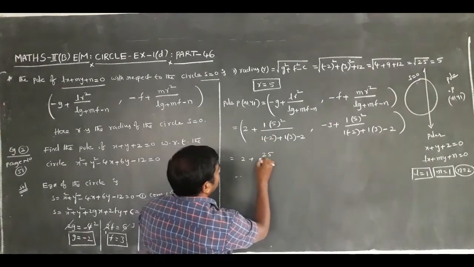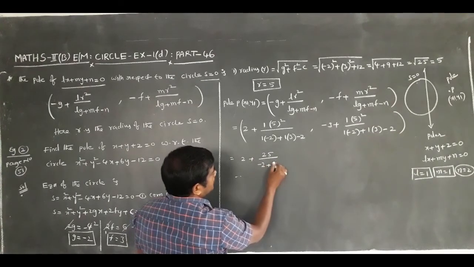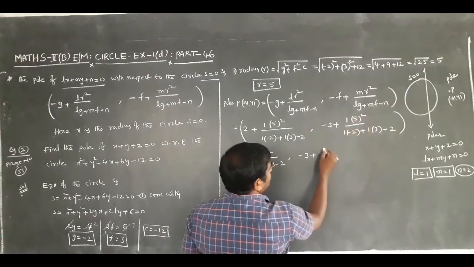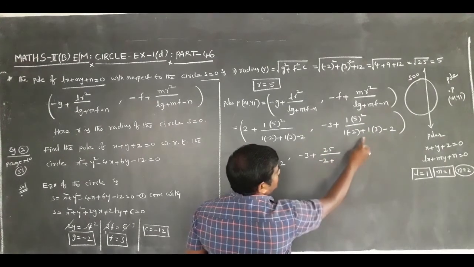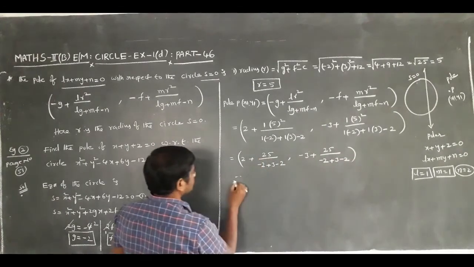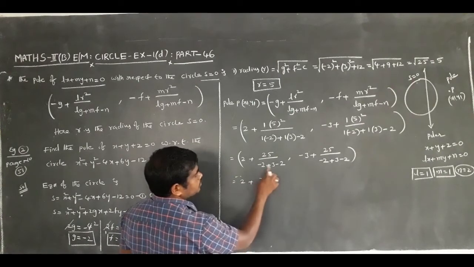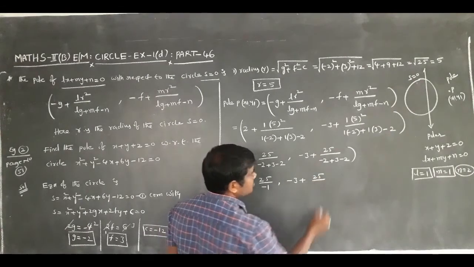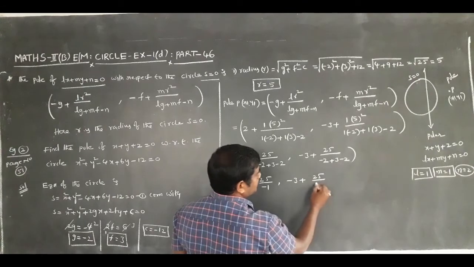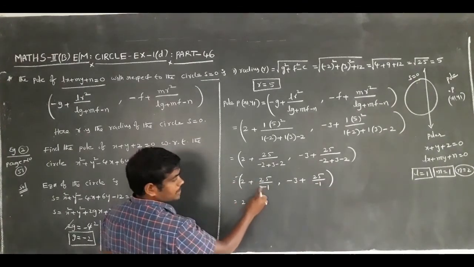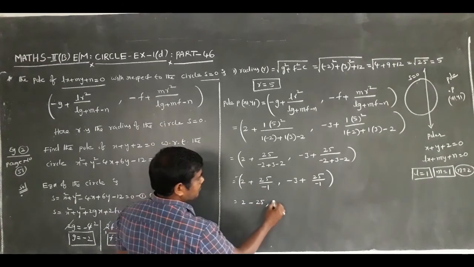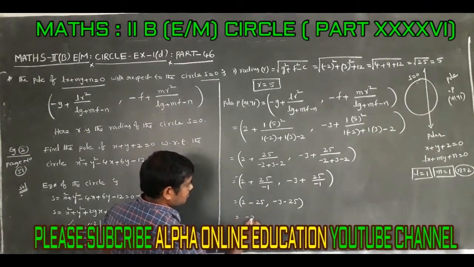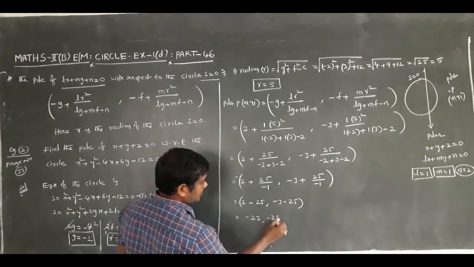Simplifying: 5 square is 25. The x value is 2 plus 25 by (1 into minus 2 plus 1 into 3 minus 2), which is 2 plus 25 by (minus 2 plus 3 minus 2), that is minus 1, so 2 plus into minus 25 is 2 minus 25, which is minus 23. The y value is minus 3 plus 25 by minus 1, which is minus 3 minus 25, that is minus 28.